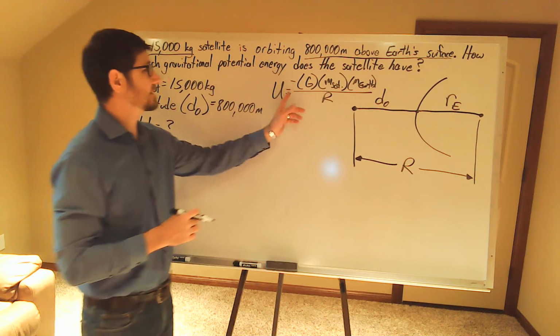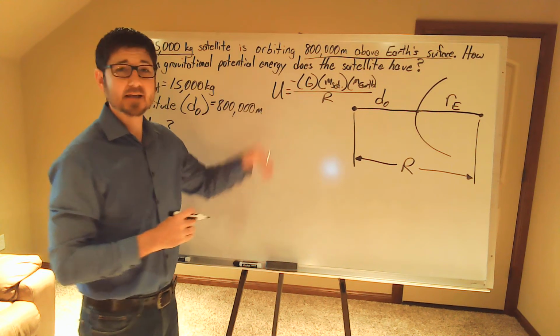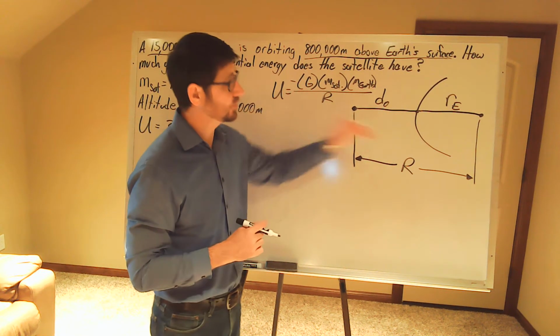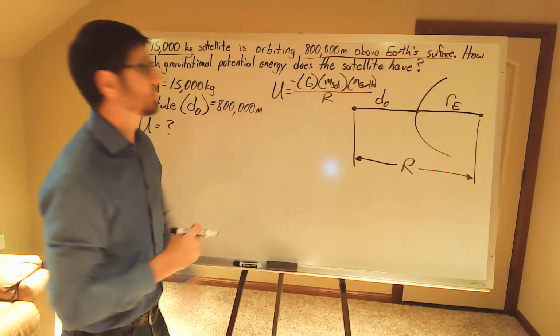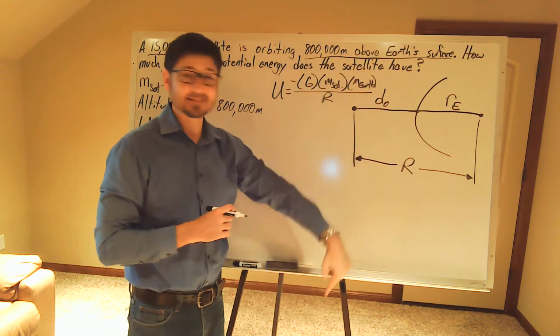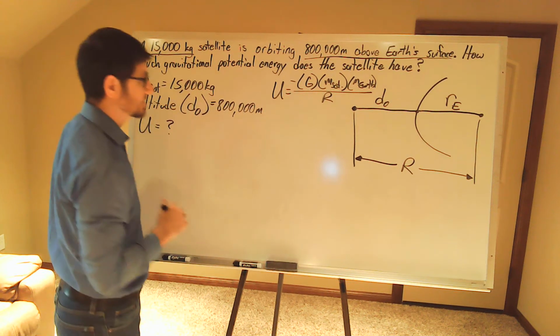The reason that this value is going to be negative is because our gravitational potential energy vector is pointing to the center of the Earth. So if the satellite is above our head, the vector is pointing down to the center of the Earth. All right, let's fill in some values.